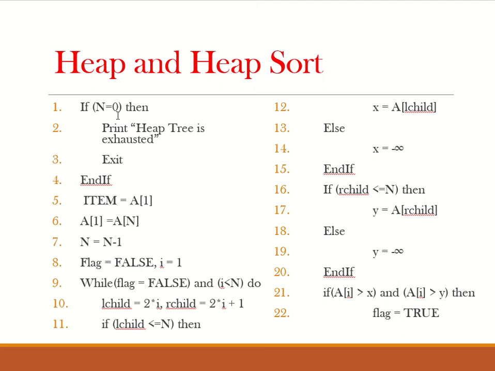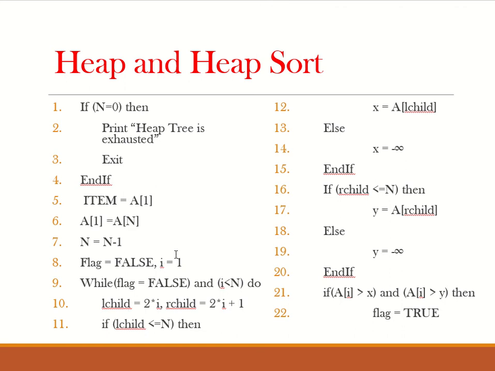Now you have to check whether the heap property is violated. How will you know? For that you have to identify the left child and the right child. So you set something called a flag, and I, which is less than n, is initially equal to 1.